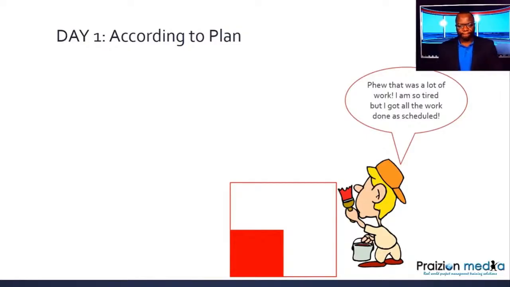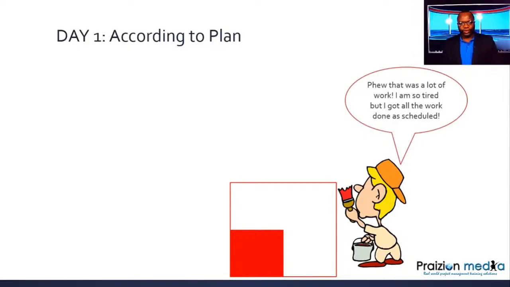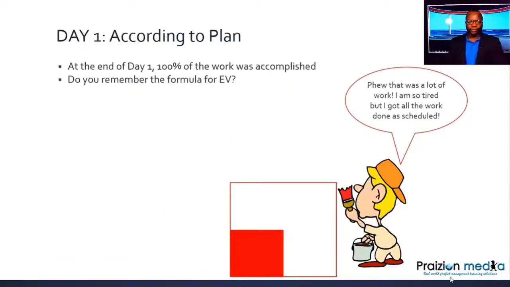So all the work was done as scheduled. But let's take a look at what the spend actually was. So let me break this down for you. Let us see how well Herman did in terms of the payments. He said at the end of day 1, 100% of the work was accomplished.